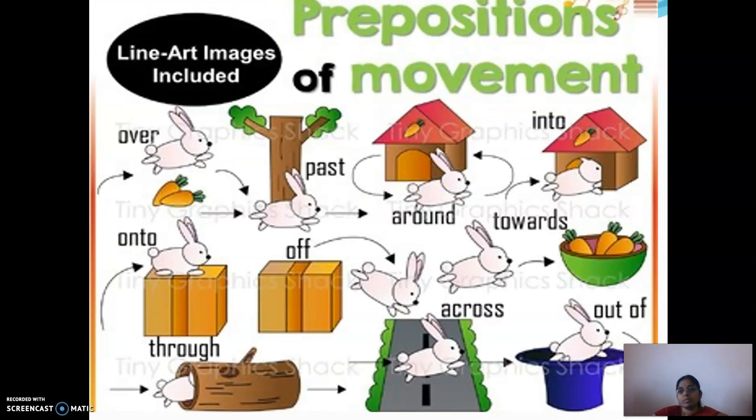Now, see here, fantastic picturization of prepositions of movement. Over. See the arrow mark and the rabbit. What is there? Carrot is there. And the rabbit jumping over. Past. It is moving very fast on the way to the tree. Next, around. It is rotating around. Towards. No, into.